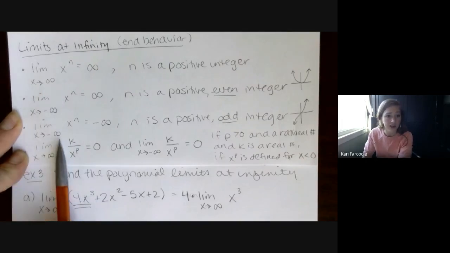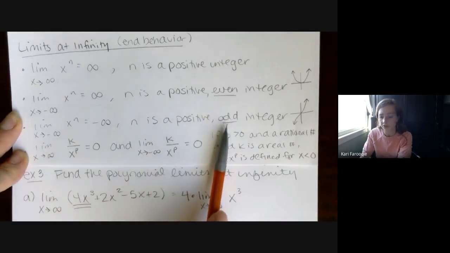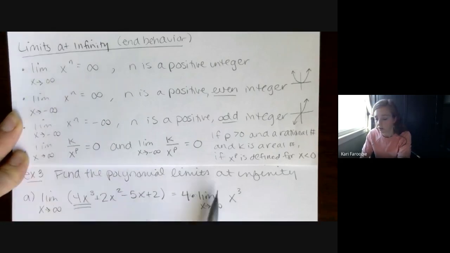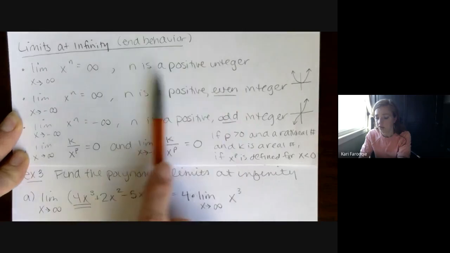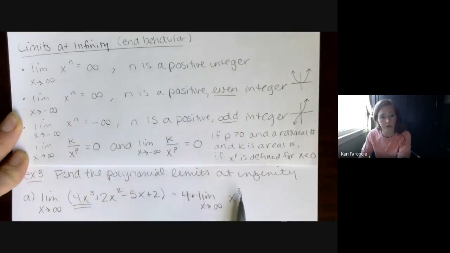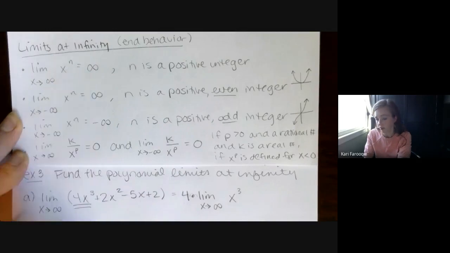If we were heading towards negative infinity, we would have to figure out, well, is it even or odd? But in this case, we're heading towards positive infinity. So we're addressing our limit using this piece of the definition. So if n is a positive integer, well, it is. In this case, n is 3. The limit as x approaches infinity of x to the 3rd power is going to be infinity.